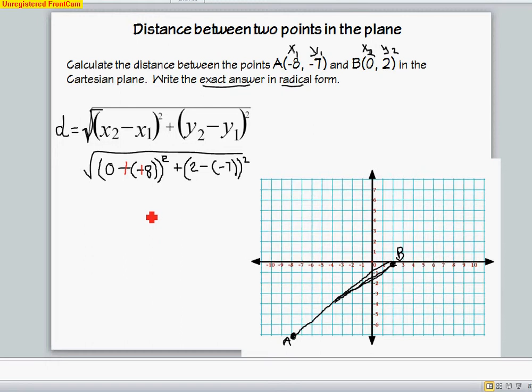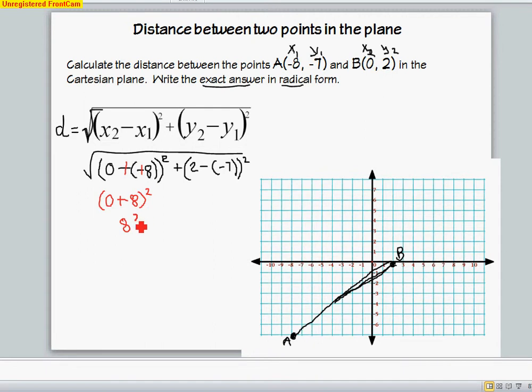I use that little saying in my head every time so it's always clear. I'm going to change the subtraction to an addition, and then I'm going to change the sign of that second number. So add the opposite. So now what this actually says is not quite so intimidating anymore. This is really 0 plus 8, which is 8.